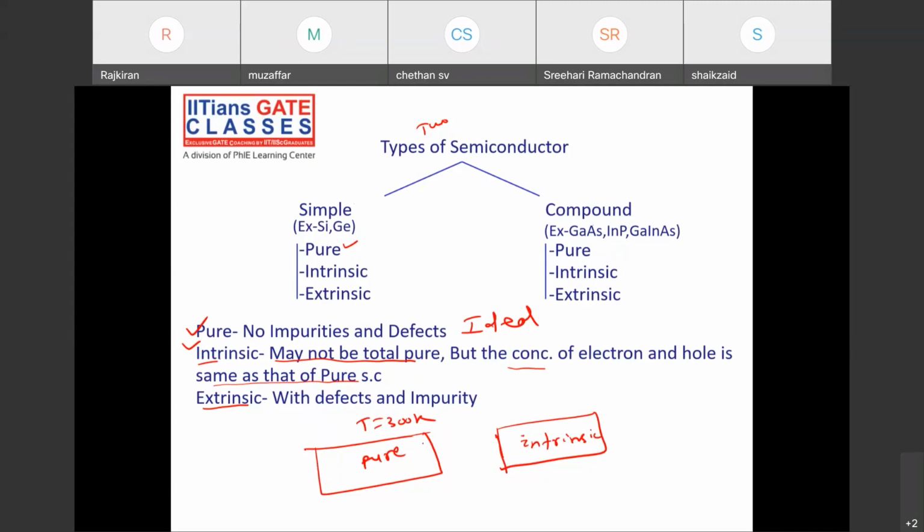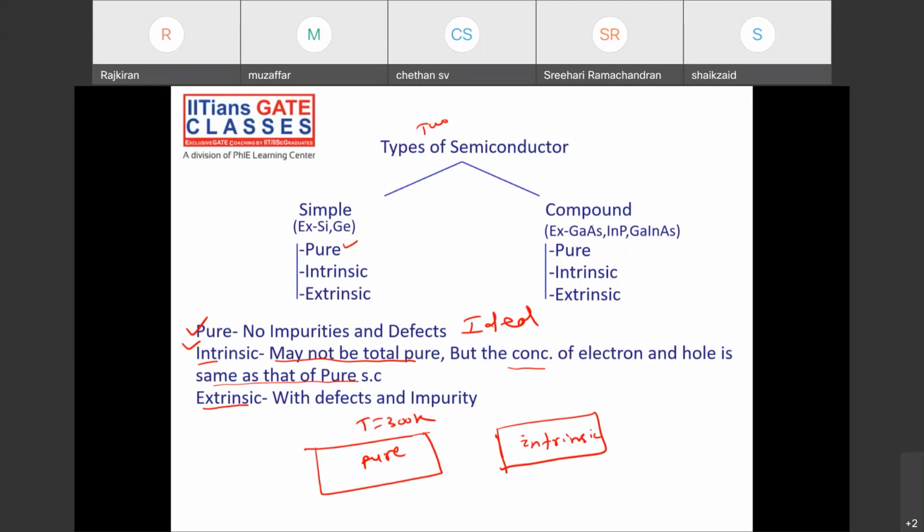If you calculate the electron or hole concentration, in pure and intrinsic it will be the same. And what is the effect of impurity in an intrinsic semiconductor? Impurities are there, but the effect of one impurity cancels the effect of another impurity. Some impurities try to increase the electron concentration, and some try to decrease it. So in effect, the net concentration will be the same as a pure semiconductor. Clear, guys?